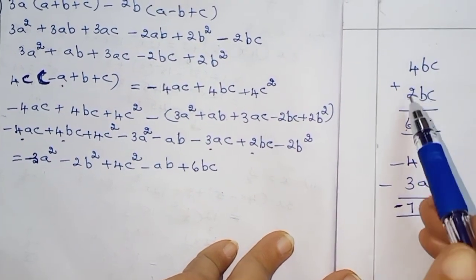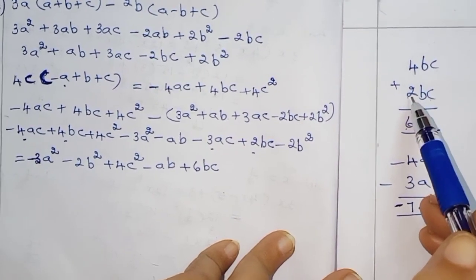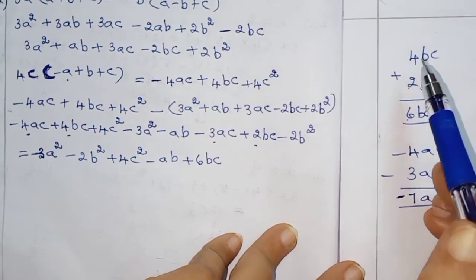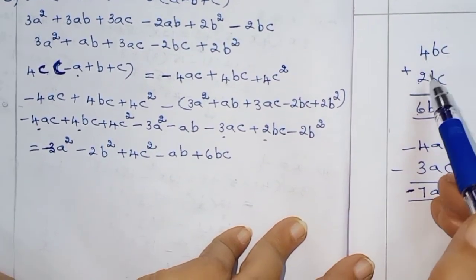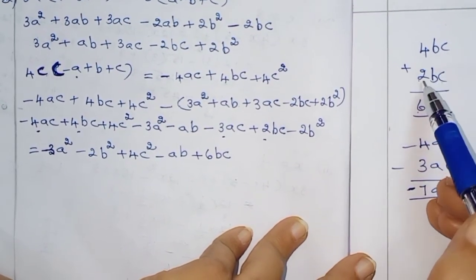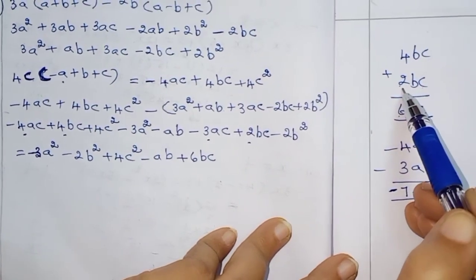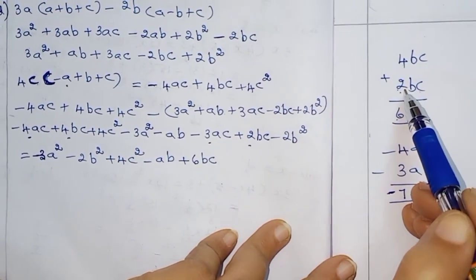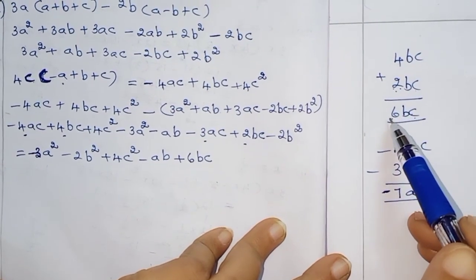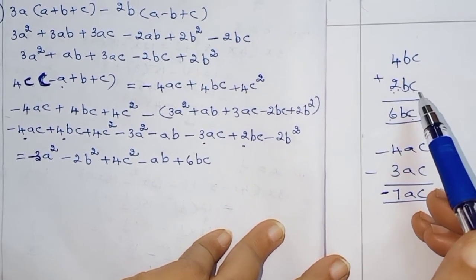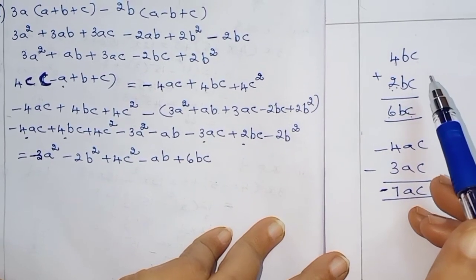Only we add and subtract, or it depends on the question. If it is a multiplication, we multiply only the numbers, that is the numerical coefficient, or simply we call it coefficient. Variables remain the same when we add and subtract, whereas when we multiply, variables will change.